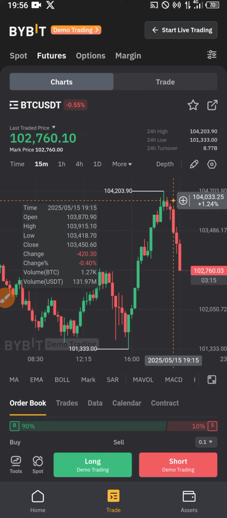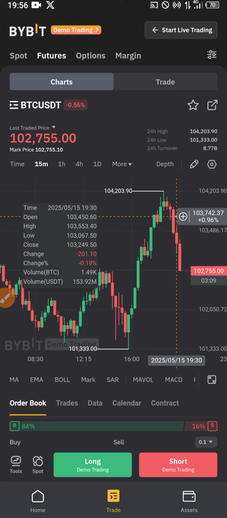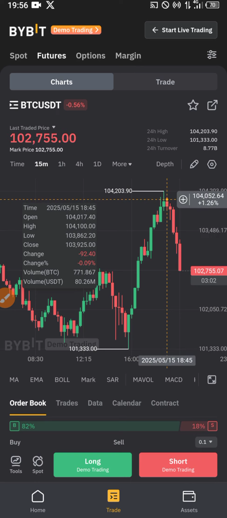That's the only time you are interested in buying, and it's currently pricing at 102. You can't use a limit order for this. You can only use a buy stop. What is a buy stop? A buy stop is when you set a price above the current market price. I hope you understand.